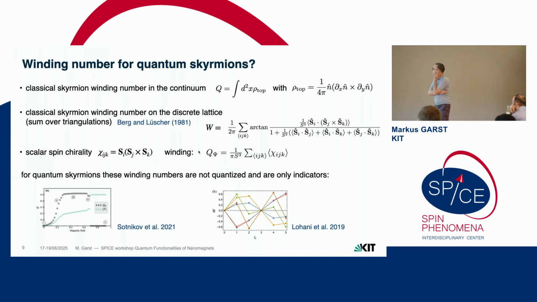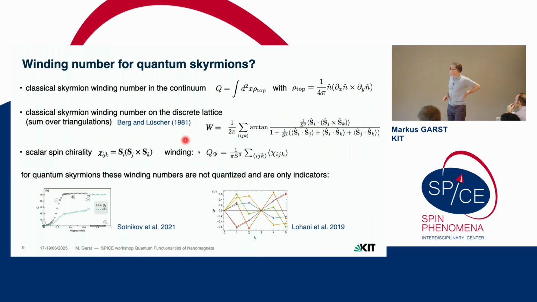And there are two challenges now. Usually if you treat the quantum problem, you treat it on the lattice. So you should first ask the question, can I translate that object onto a lattice? This is for the continuum, but can I do it for a discrete lattice?